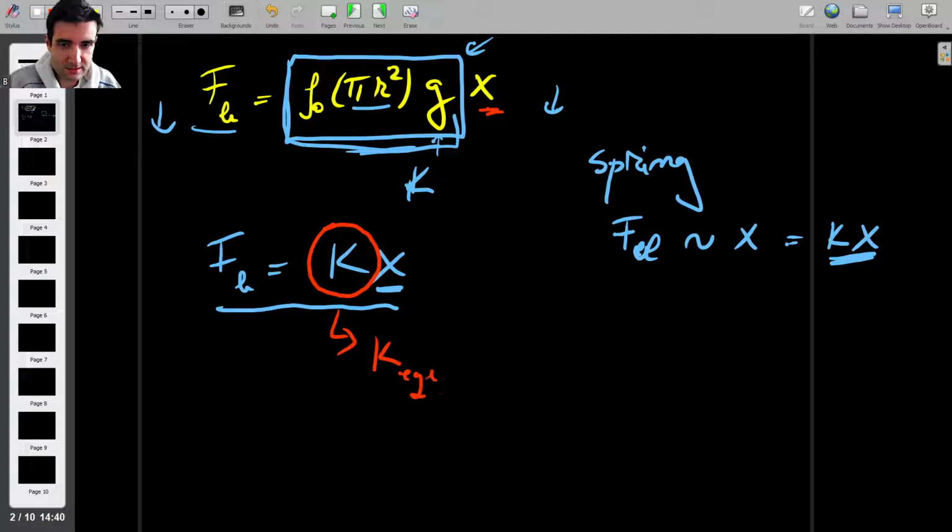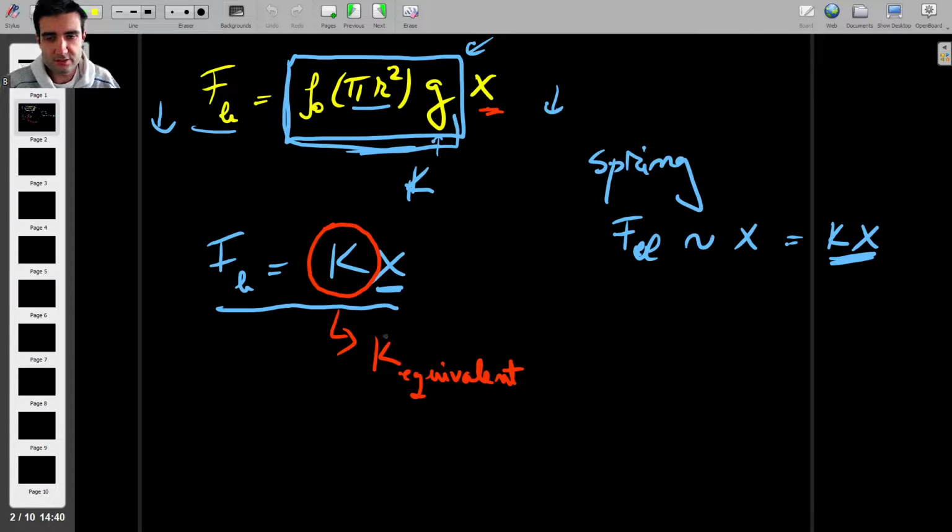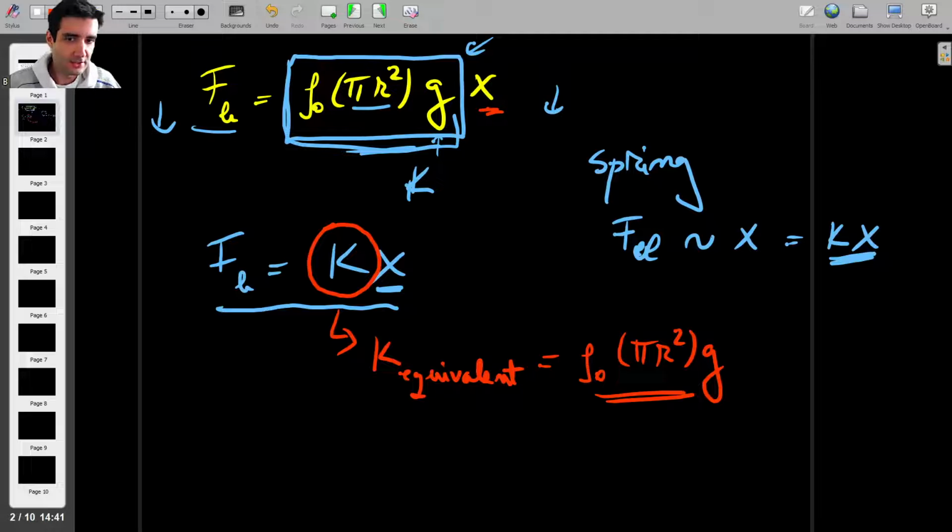So this is K equivalent. So if you remove the water altogether, and replace the water with a spring which has a spring constant equal to the water density times pi r squared g, then the problem would be identical. So we're going to use this and combine it with the idea of energy.